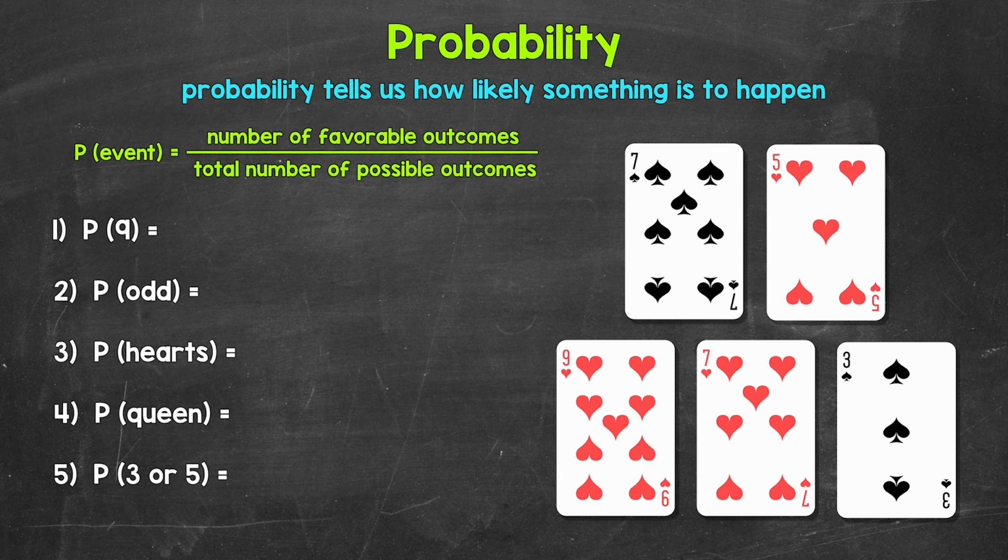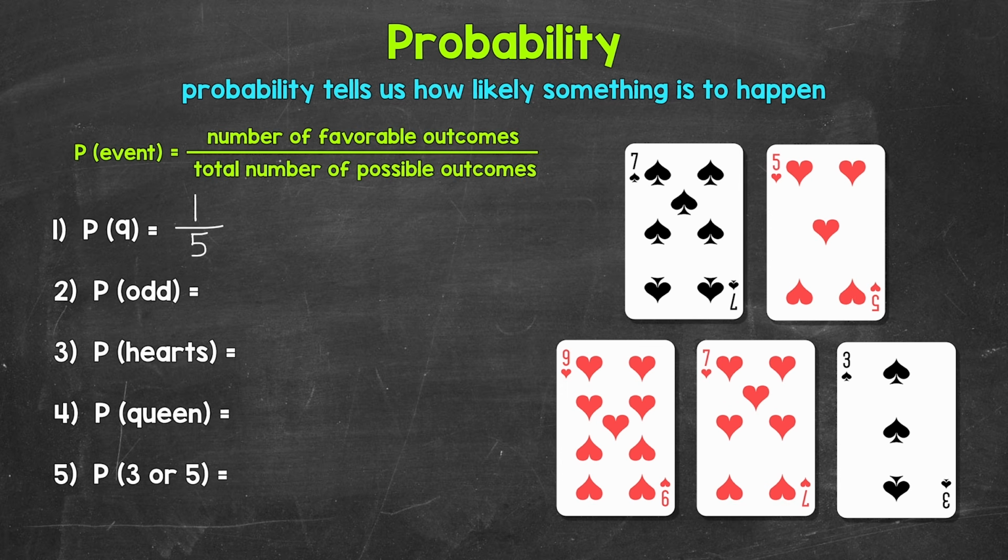So looking at the cards, we can see 1. One card has a 9. So our numerator is 1. Now we need the total number of possible outcomes, the total number of things that can happen. So how many possibilities do we have here? How many cards are there? 5. So 5 is our total number of possible outcomes.